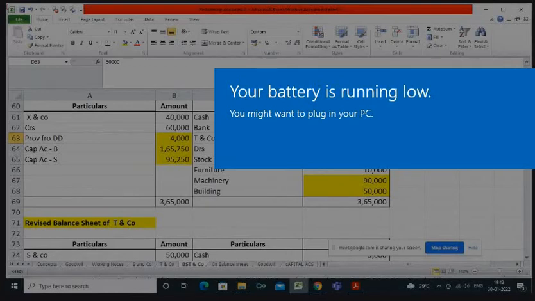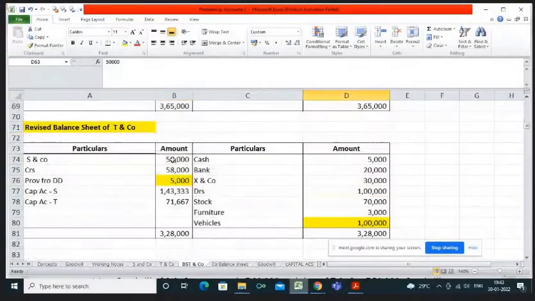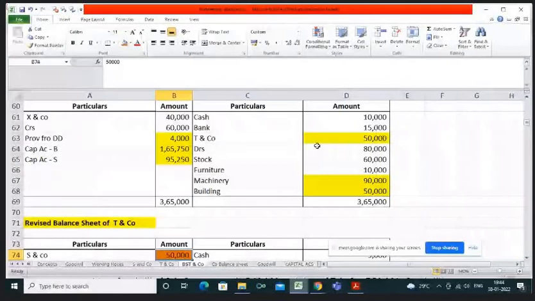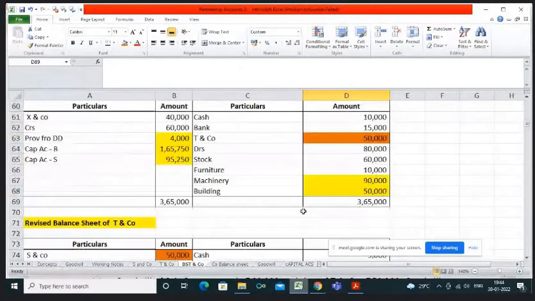We have passed a journal entry to cancel out the T and Co here and S and Co here. I'll change the color. So this is removed. It will not be part of the balance sheet of BST and Co.